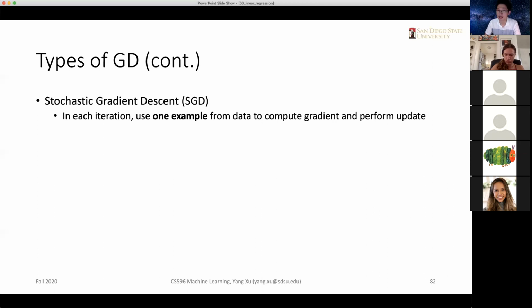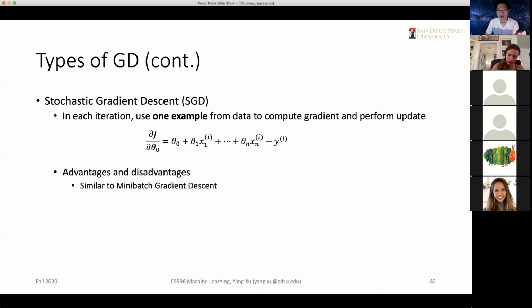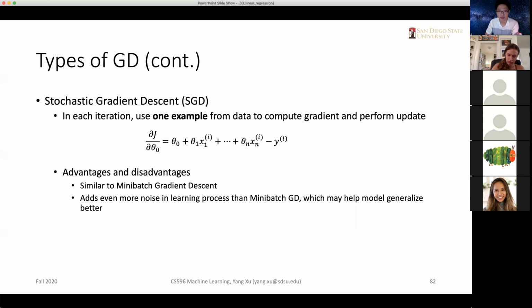Of course that brings a lot of randomness, because that's just the information from one data point. It doesn't represent the patterns for other data points. But the advantage is that it's easier to compute, right?